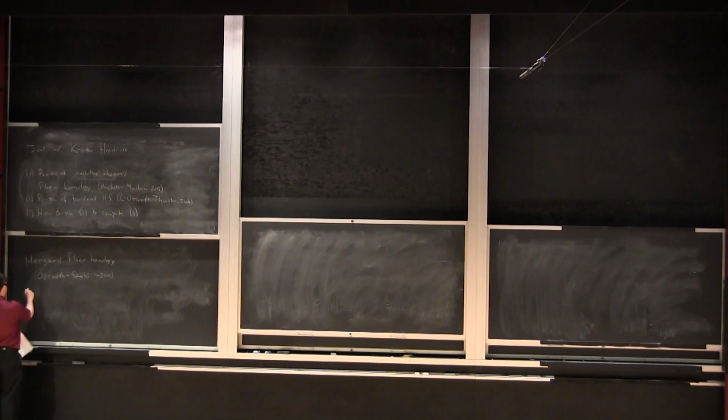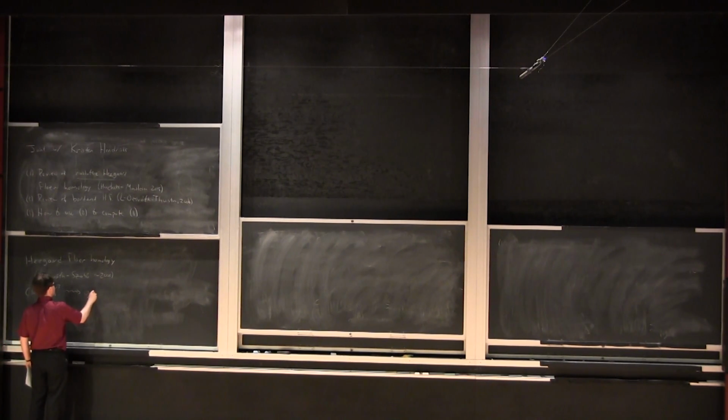Well, it does lots of things. So one thing it does is, to a closed, connected, oriented 3-manifold, it gives you some graded abelian group. Maybe I'll work with F2 coefficients everywhere.